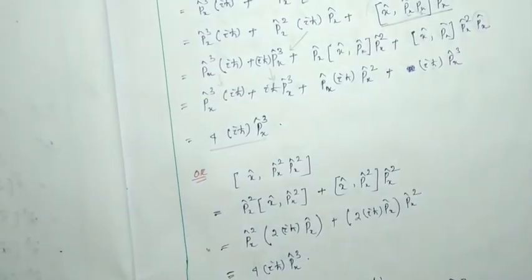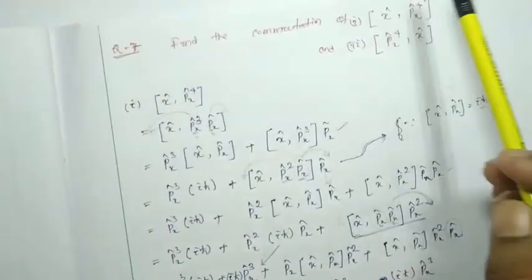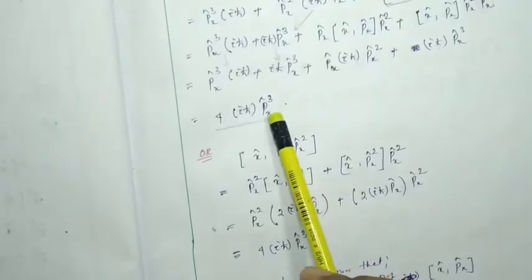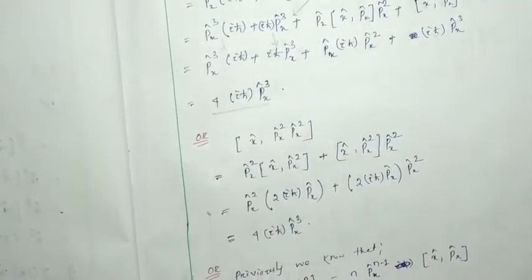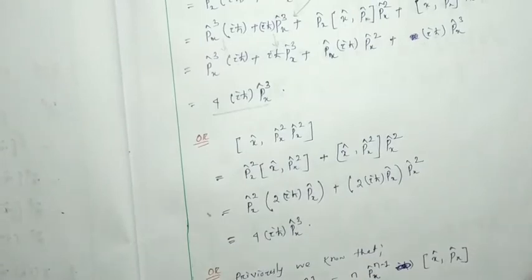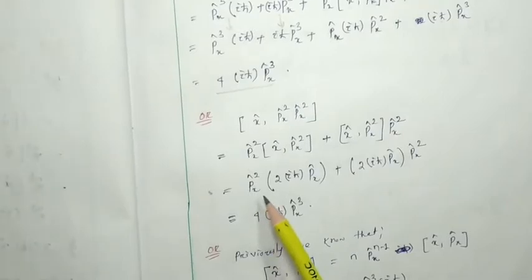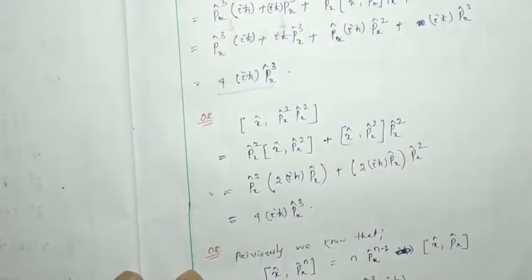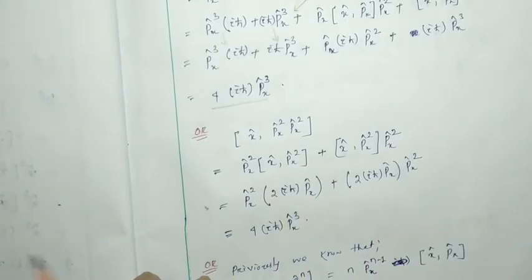So the value of the commutation of x cap, p_x cap to the power 4 will be nothing but this one. This also can be solved in a few steps by considering previous results. Considering the previous result, this can be solved, but this is the full traditional way. Whatever I consider, this is the full traditional way, but this can be solved also by considering the previous result.